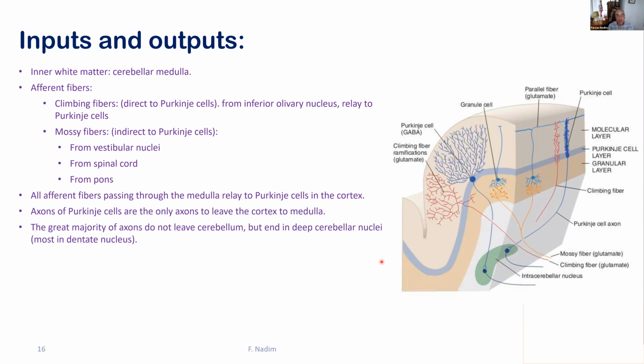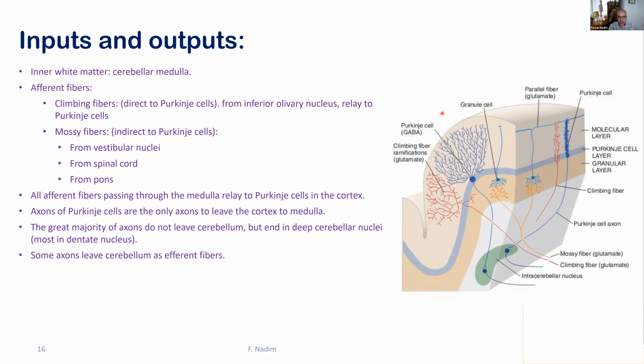All right, so of the Purkinje cells, that should not say the great majority. The Purkinje cells actually don't really project out of the cerebellum. They project to the deep cerebellar nuclei, and the deep cerebellar nuclei project out. There's a few Purkinje cells that communicate directly with the vestibular nucleus, but let's ignore that.